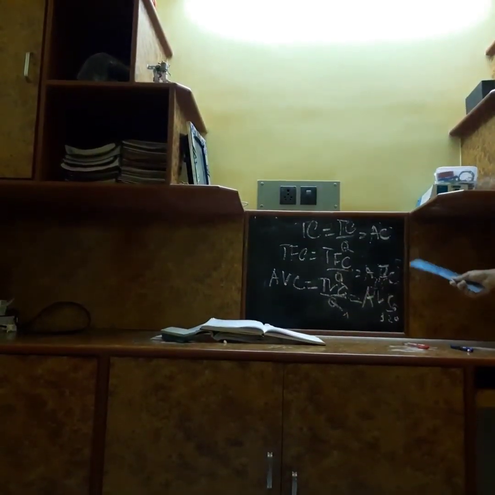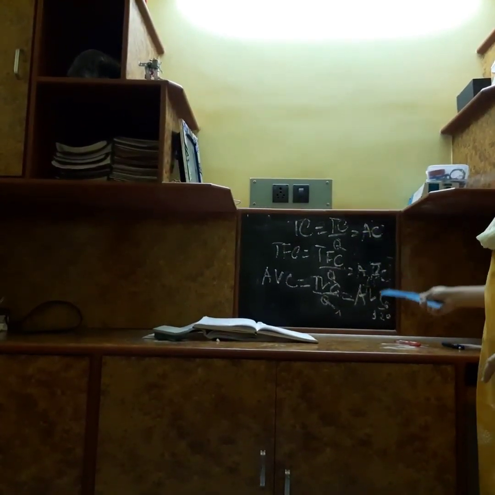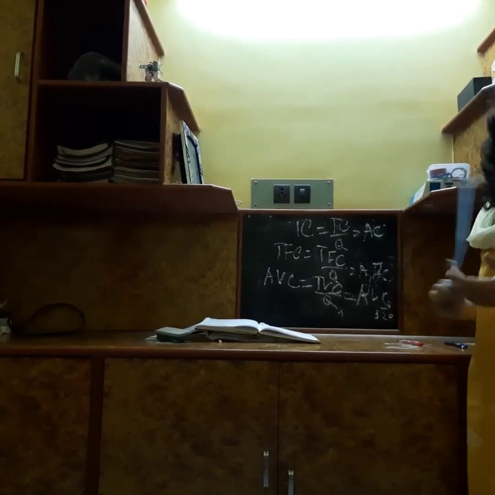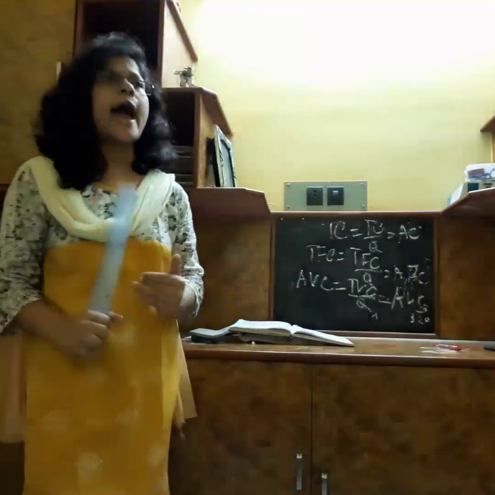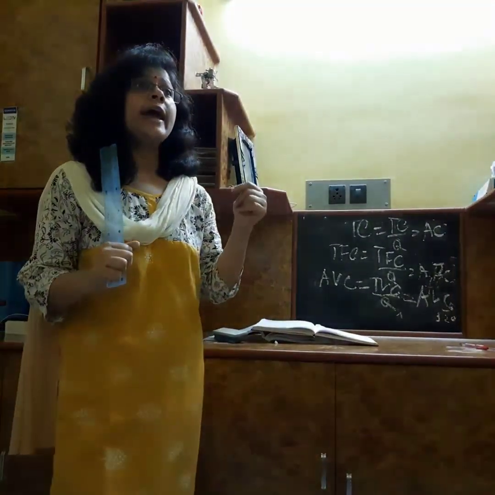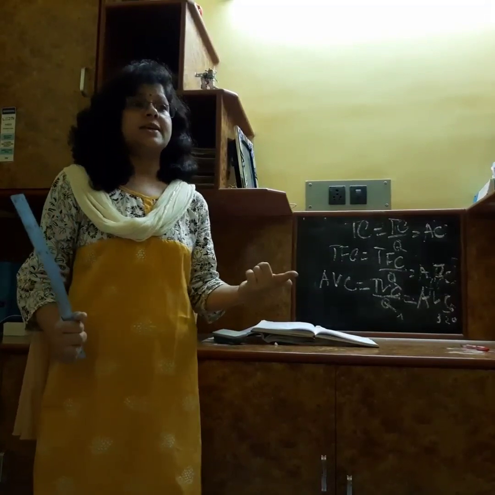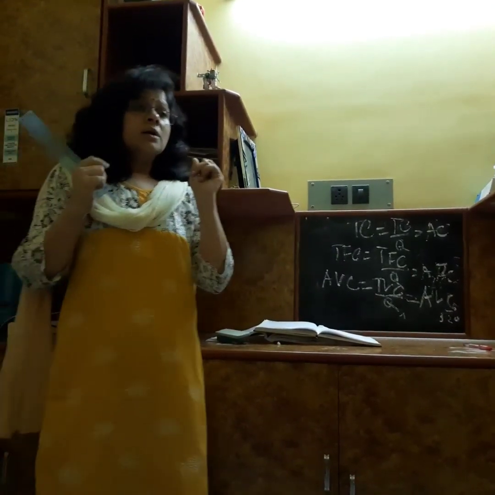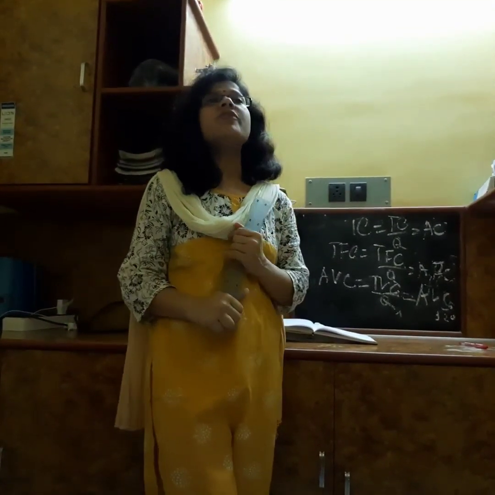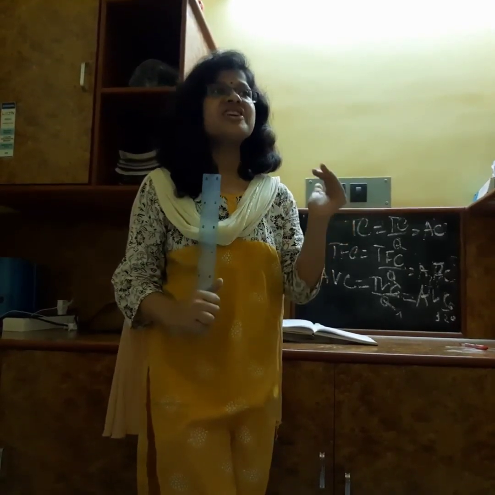Okay. Now coming to AC, AFC and AVC. So what is AC? AC is nothing but the combination of AFC and AVC. Now see the characteristics of AFC, that is average fixed cost.